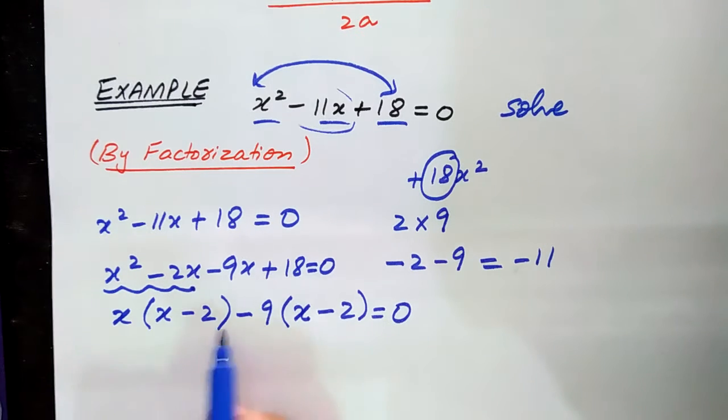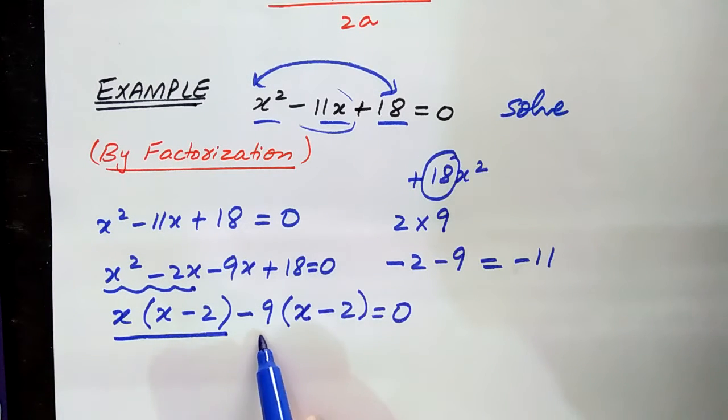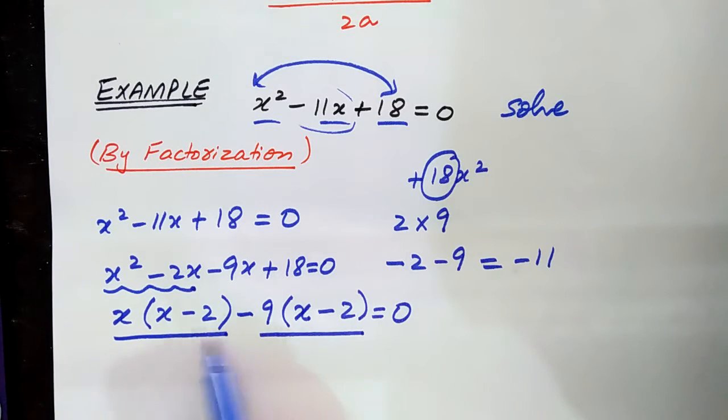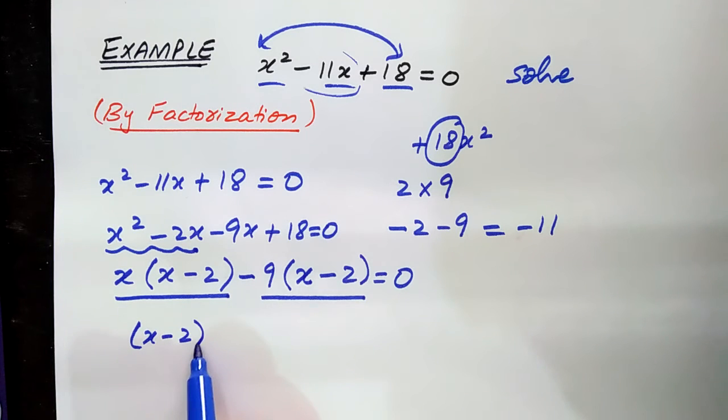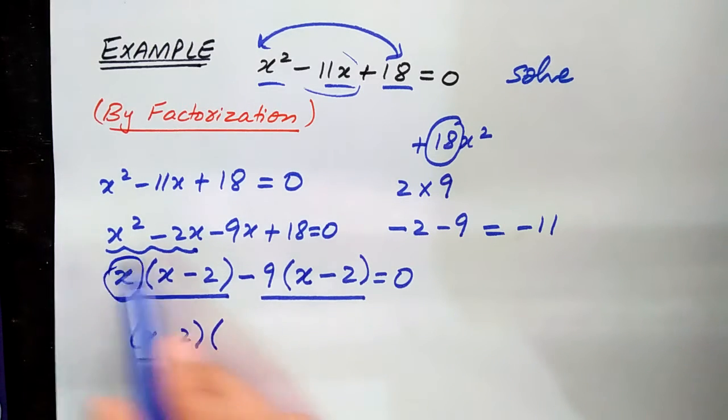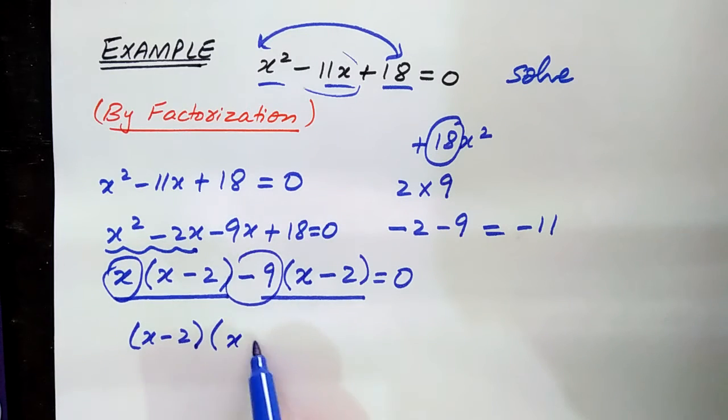Now we can see that we have split it into two parts. Both parts have one thing common, that is x minus 2. We can take out this x minus 2 whole bracket as common, and what will be left inside? Only x minus 9.